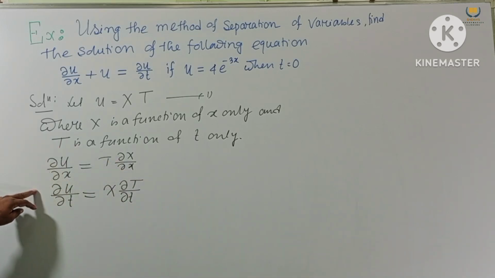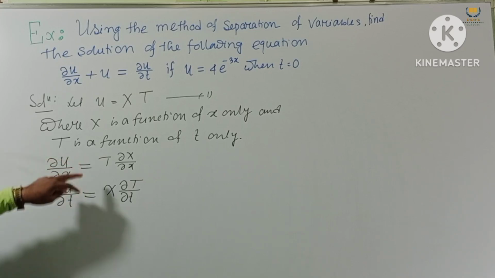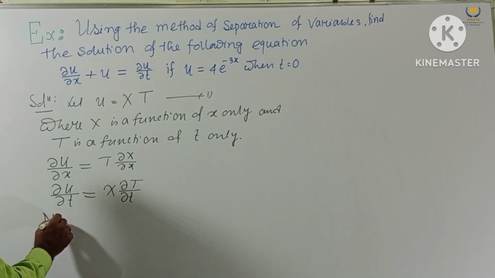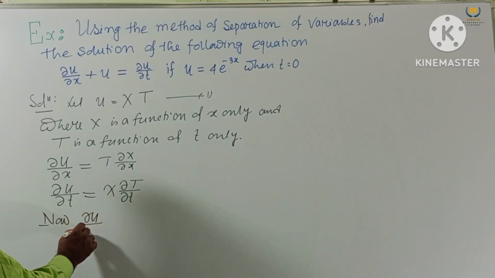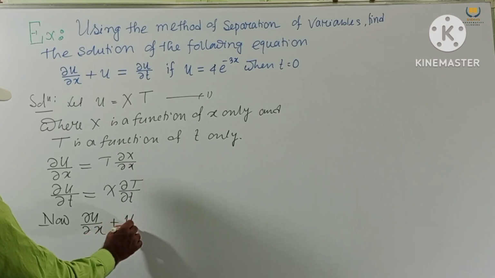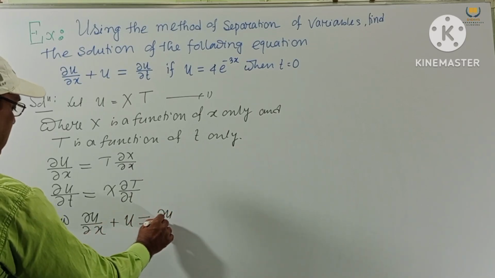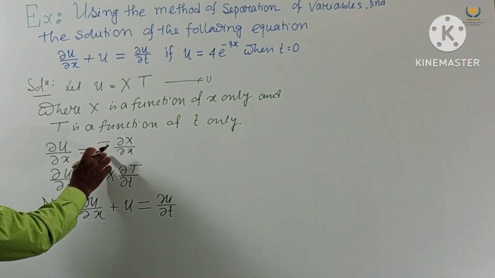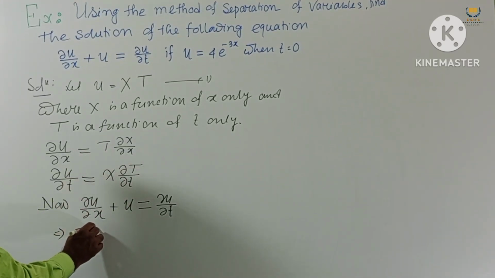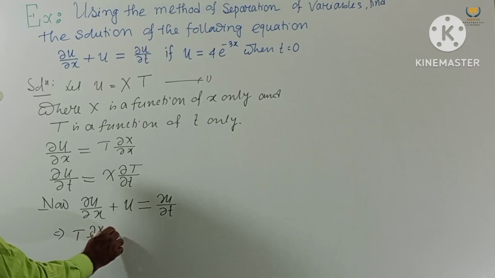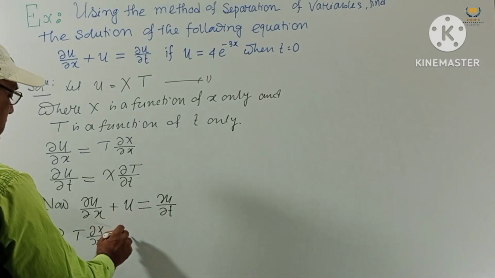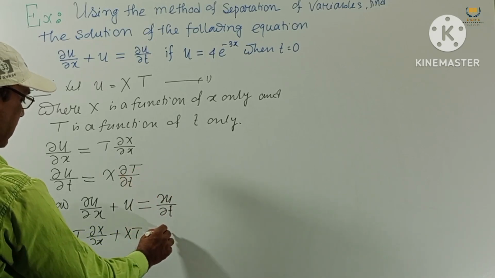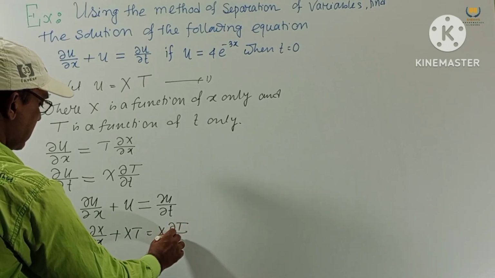So we get ∂u/∂x and ∂u/∂t. We put this value in the given equation: ∂u/∂x + u = ∂u/∂t. Then ∂u/∂x is T ∂X/∂x, u means XT, and ∂u/∂t is X ∂T/∂t.